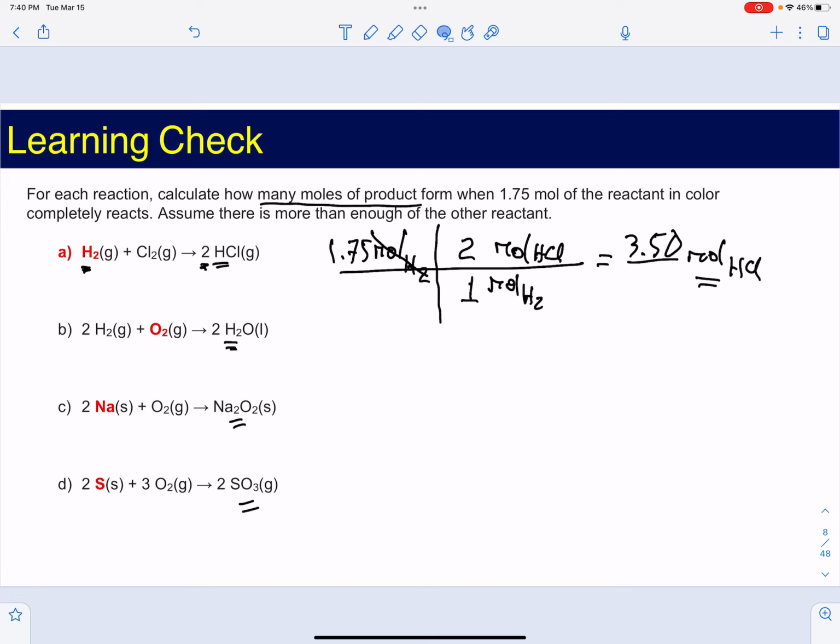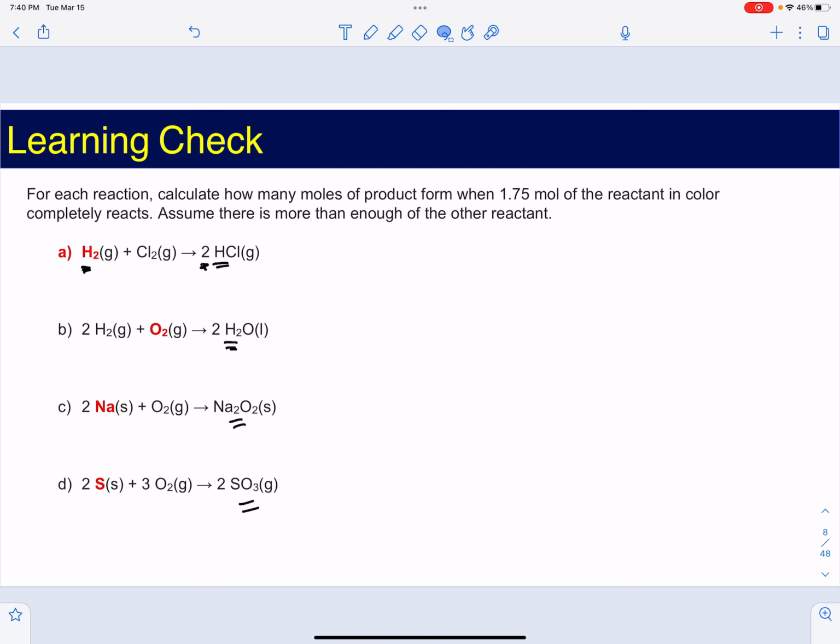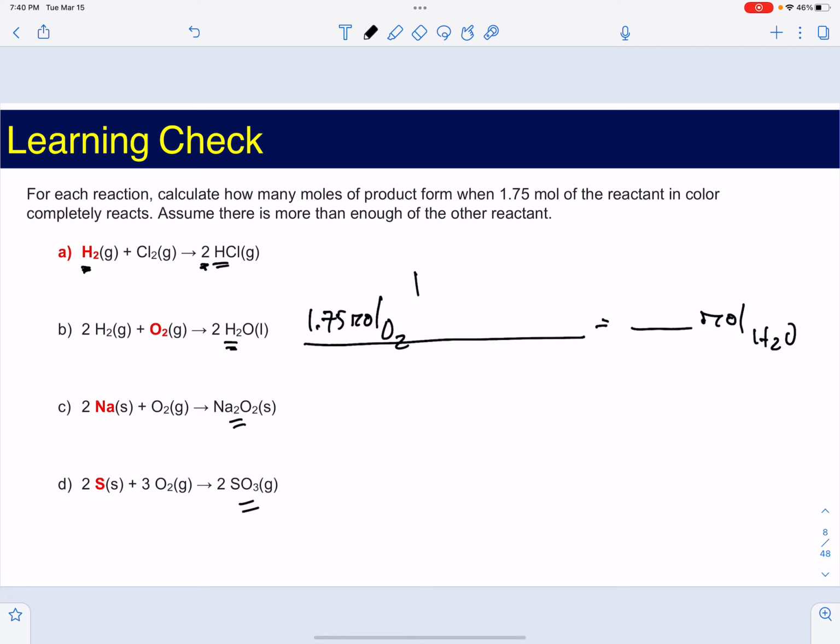So the next one is, given 1.75 moles of the one in color, O2, can you find how many moles of the product you can make? Once more, use the train track, cancel what you don't want by putting it at the bottom.